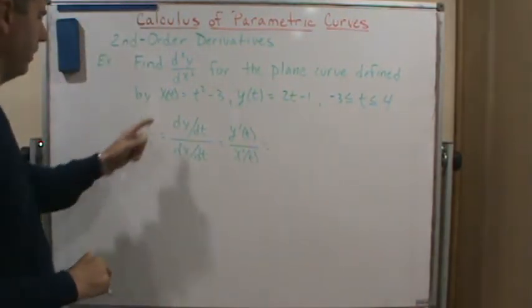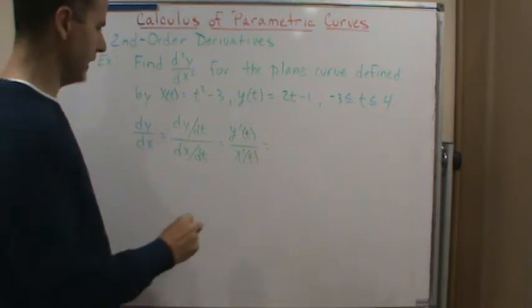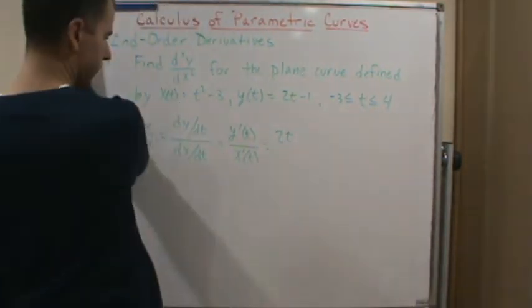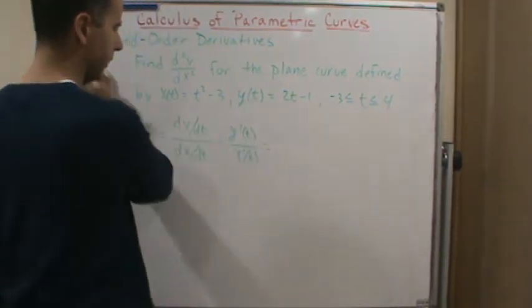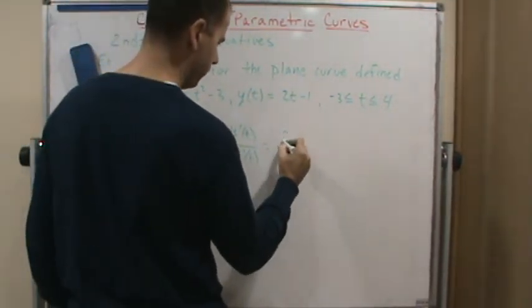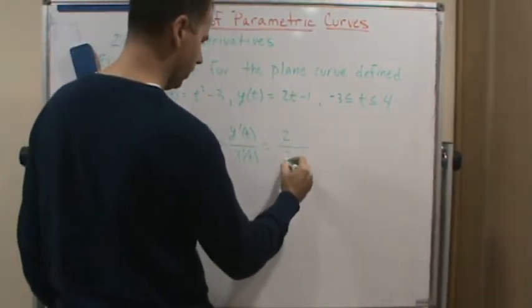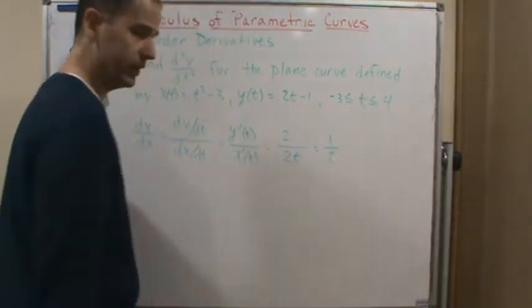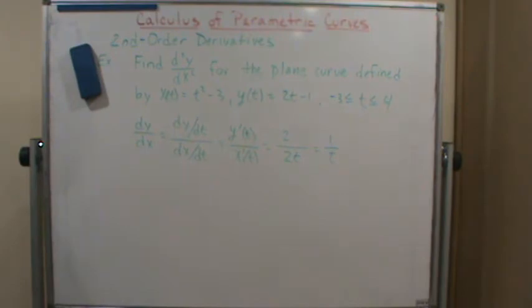So what's that? That's going to be 2 over 2t, which equals 1 over t. Okay?